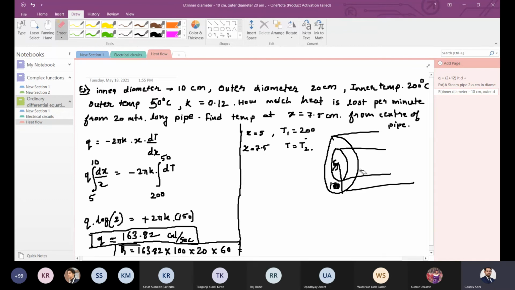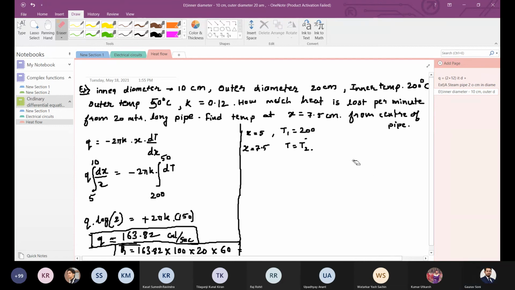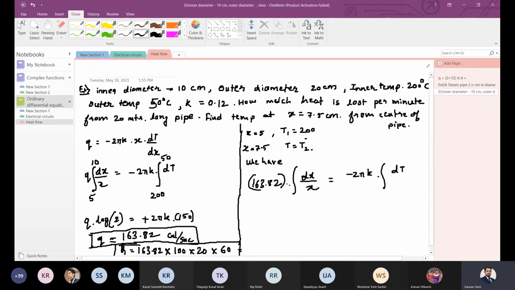So I'll rub the diagram now and I'll do the integration. Now we have Q. So this will be 163.82 into integral dx upon x is equal to minus 2 pi k integral dT. Let's put the values.